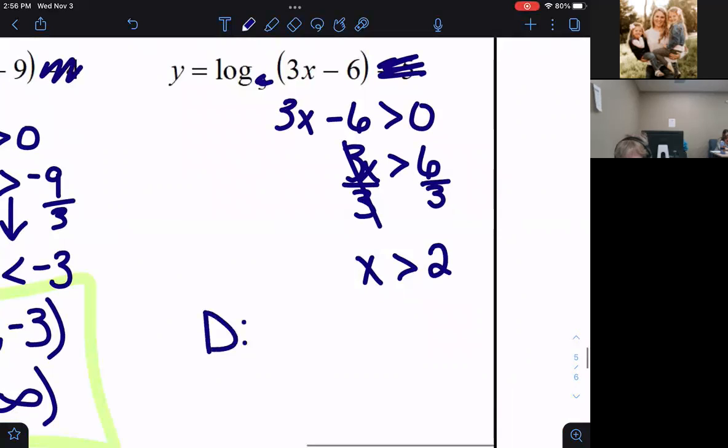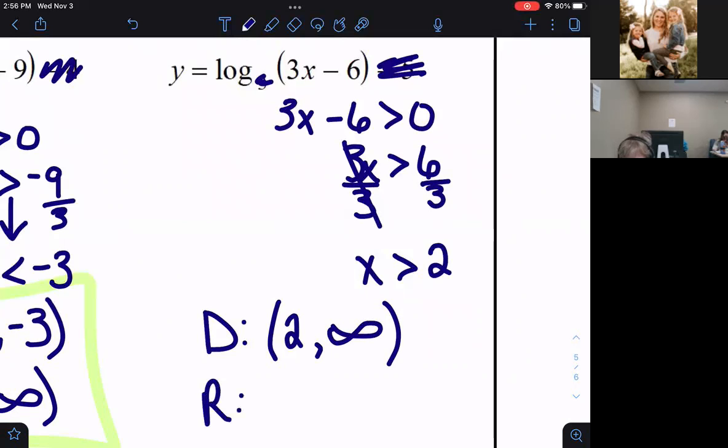So for our domain, any number that's greater than 2 would be from the number 2 all the way to positive infinity. So 2 comma infinity. And then your range is always going to be negative infinity to positive infinity.